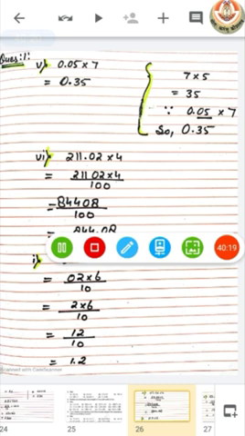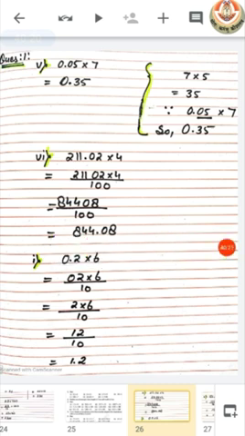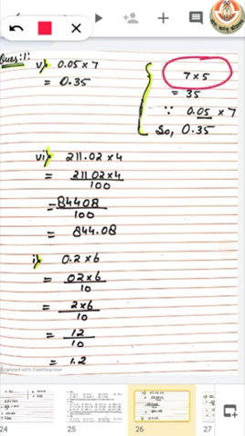We know that to multiply a decimal with a whole number, first we multiply them as simple whole numbers, then we place the decimal according to the number of digits after the decimal in both the numbers, and then place the decimal in the answer by the same number of digits.